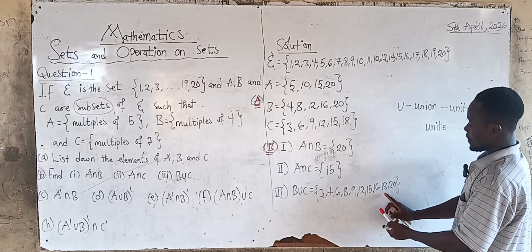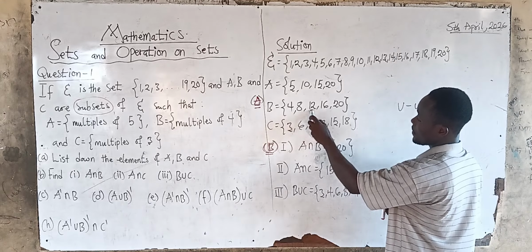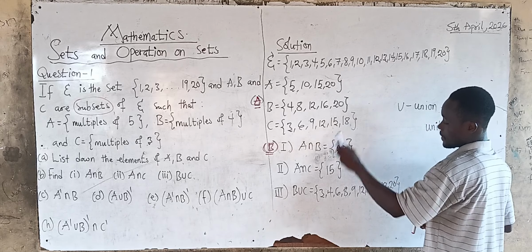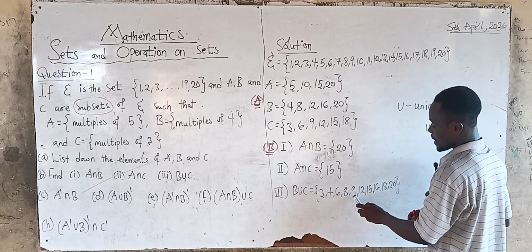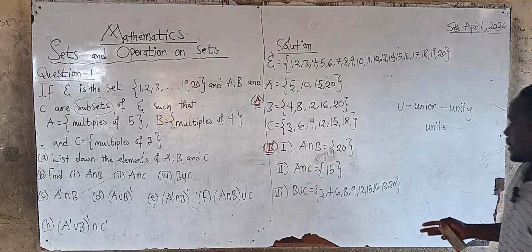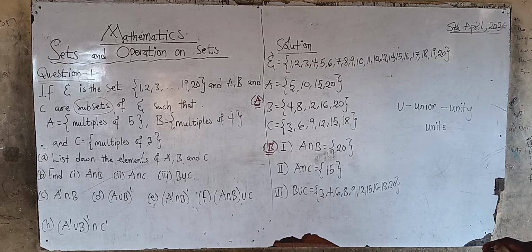Then we have 18, then 20. Let me check it again. 1, 2, 3, 4, 5, 6, 7, 8, 9, 10, 11. Okay. 1, 2, 3, 4, 5, 6, 7, 8, 9, 10. One of the elements is not appearing there. So we have to figure it out and put it there.